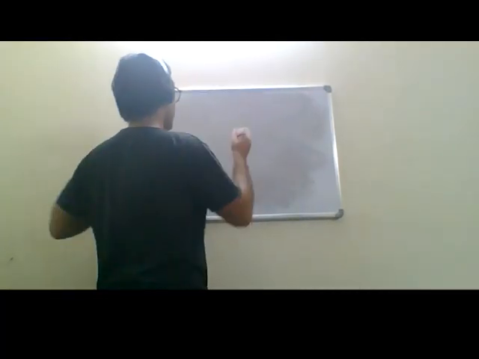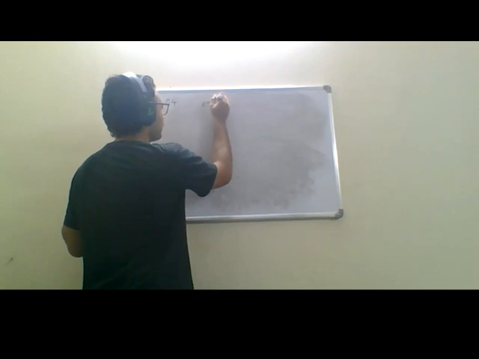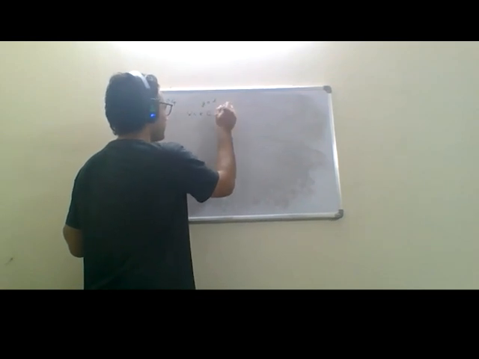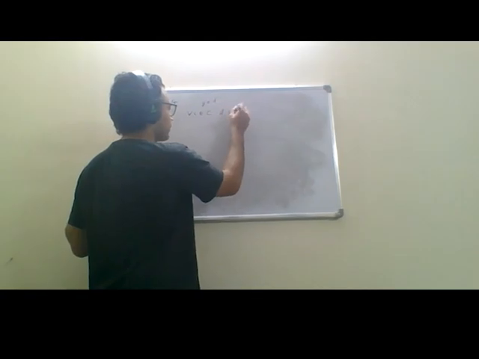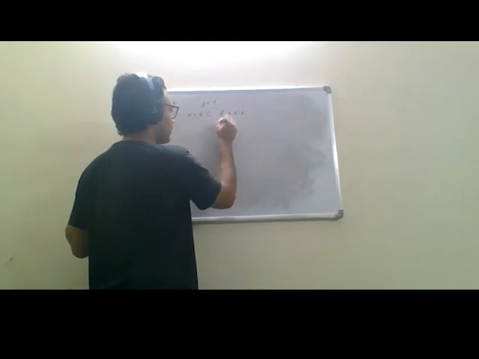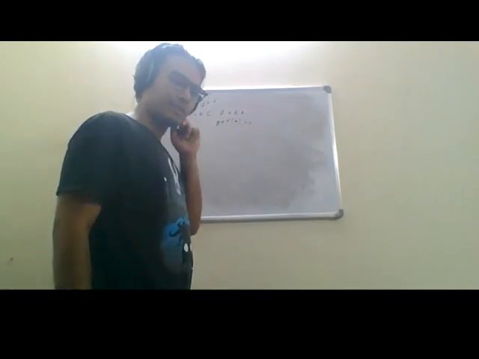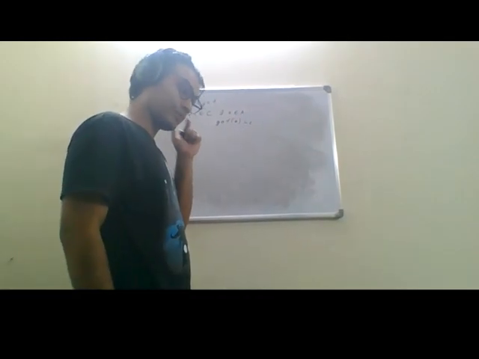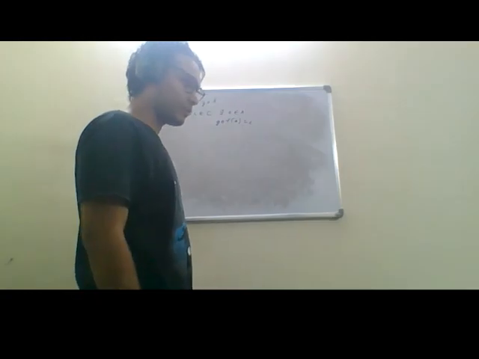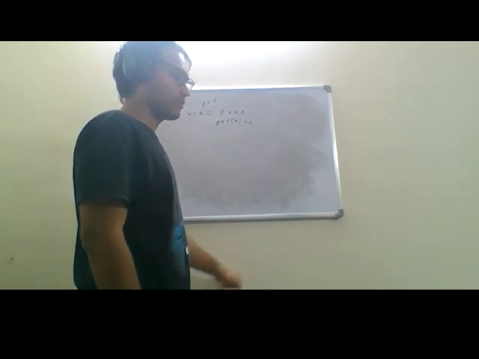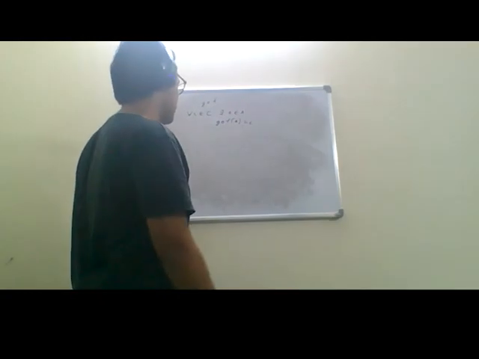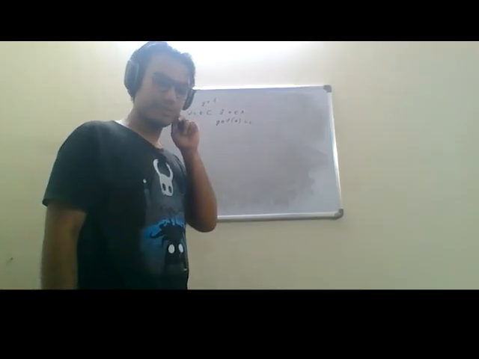All right, surjectivity. So for G∘F, for all C belonging to C, there exists A belonging to A such that (G∘F)(A) is equal to C. Okay. So first of all, we'll prove that G must be, wait.